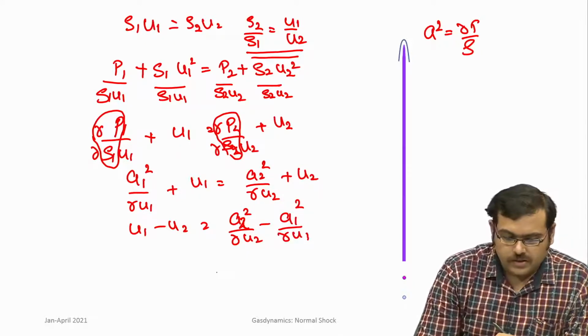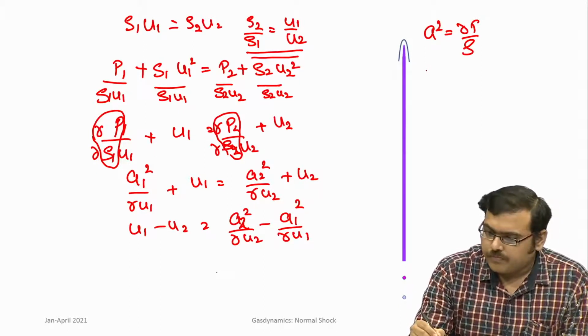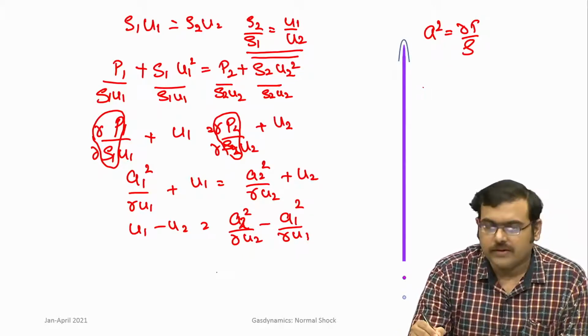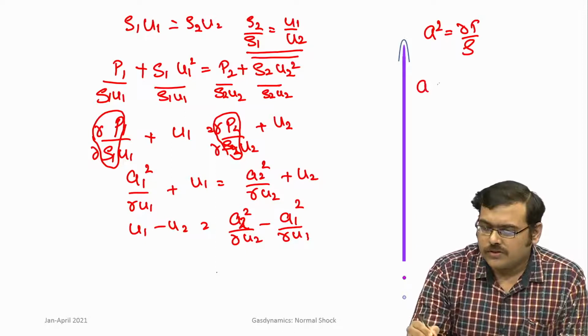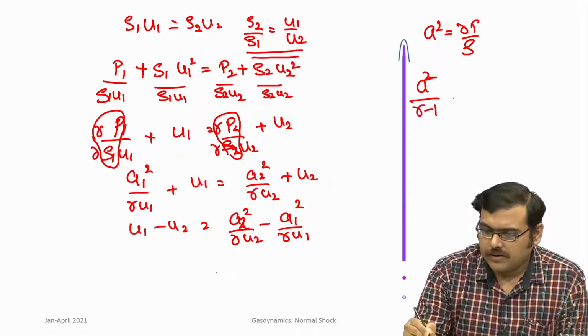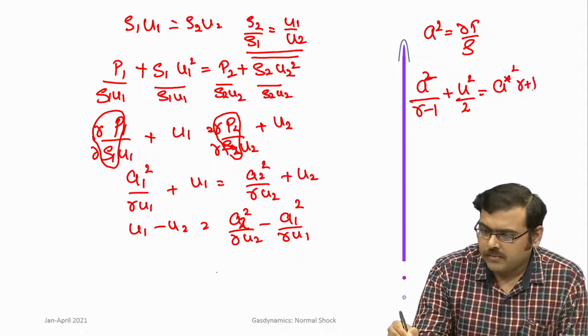Now here we can introduce the alternate form of the energy equation, which is A square by gamma minus 1 plus U square by 2 equals A star square times gamma plus 1 by 2 times gamma minus 1.